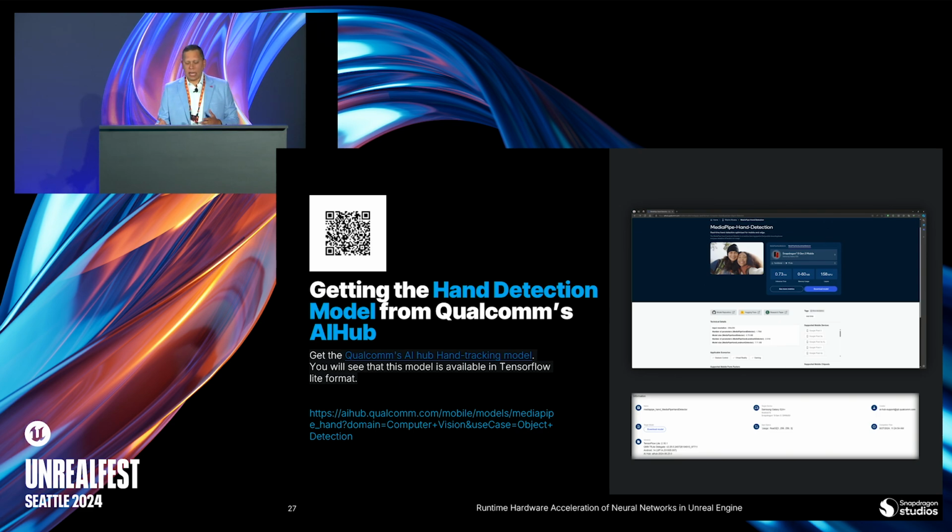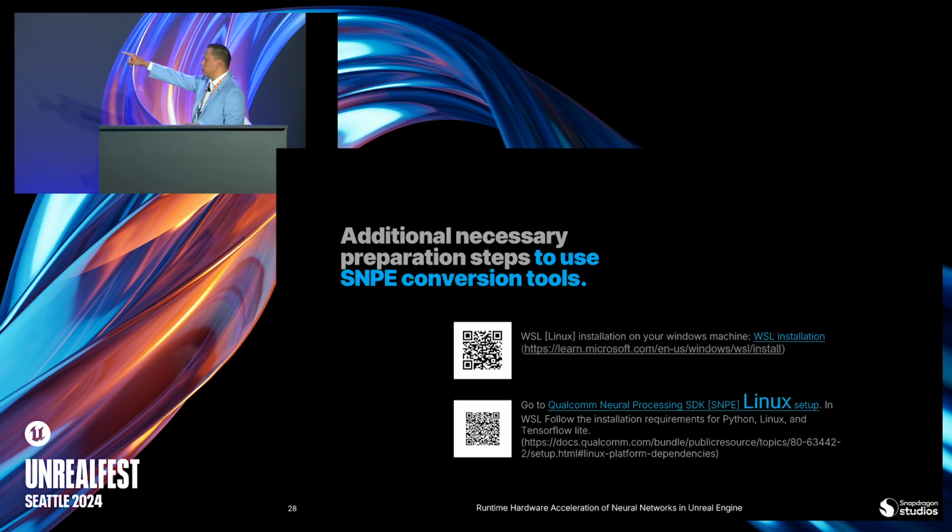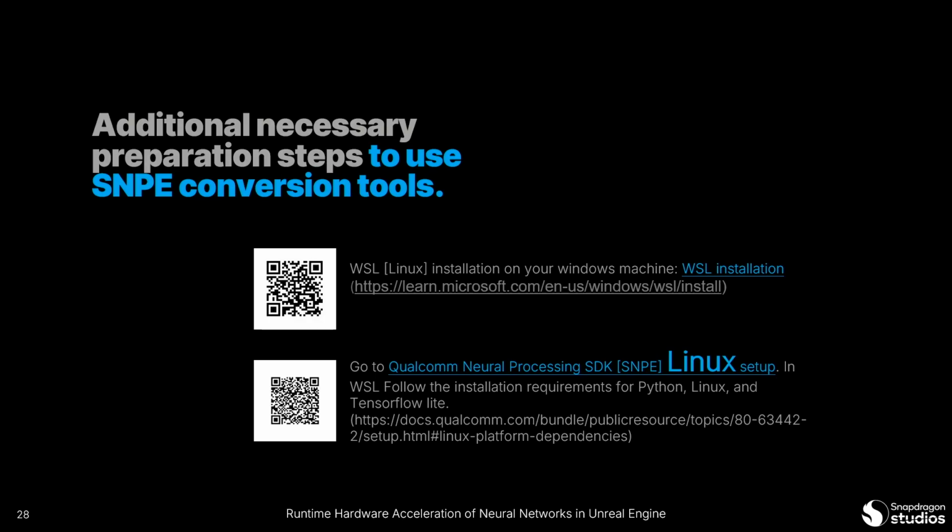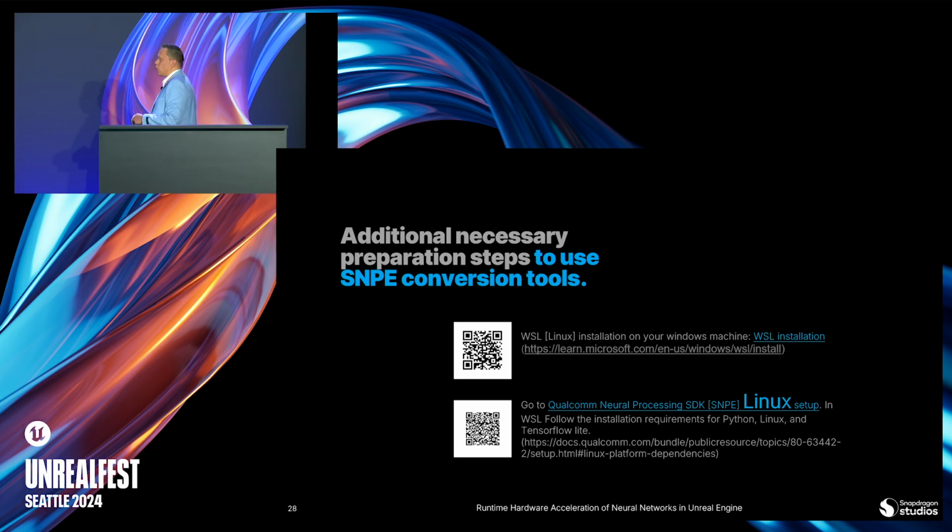In this next slide, I will be providing you the steps to set up WSL, which is a virtual Linux machine on Windows, and the Qualcomm SDK runs perfectly on this. And you might want to make a setup or a configuration of the Qualcomm SDK in that Linux environment. And these are the links for that. Later I will give you a list of the steps. So we have done that already on this machine.